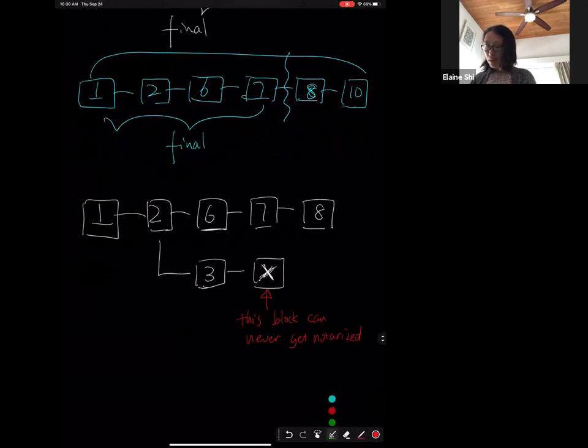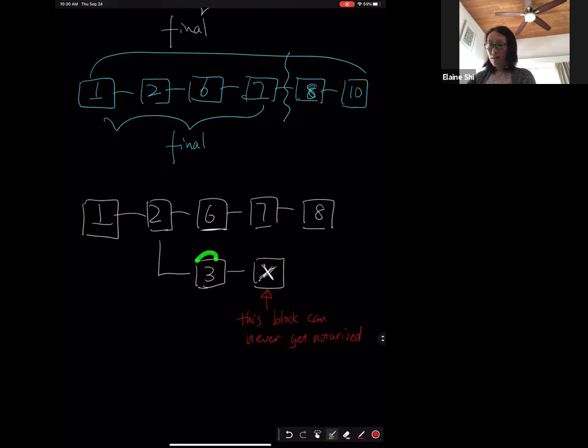So first, let me quickly explain why you can actually have some block notarized here. So this is actually possible, but this is not possible. The reason why this is possible, let's imagine, when this leader proposed 6, everyone received the proposal and voted for it, but the network delay suddenly becomes very long.